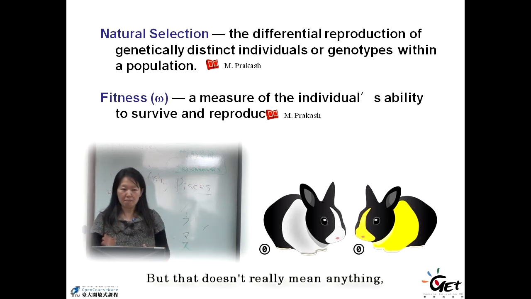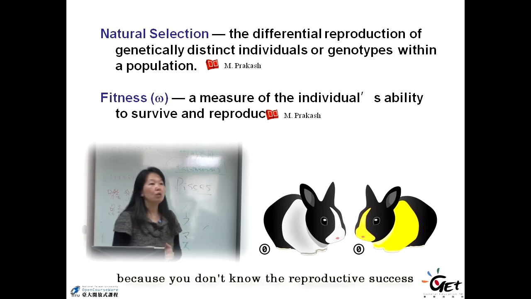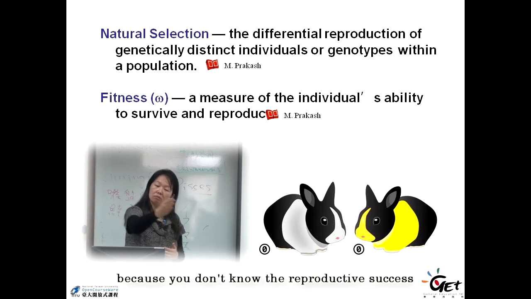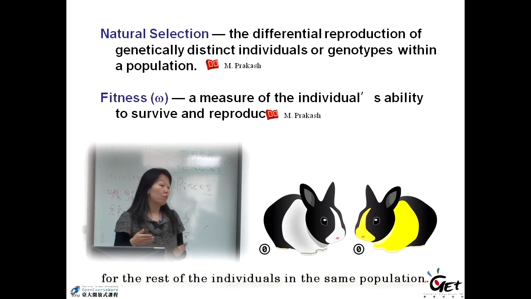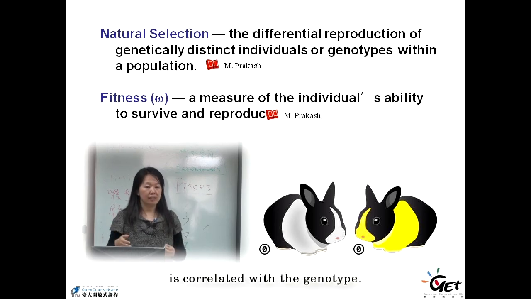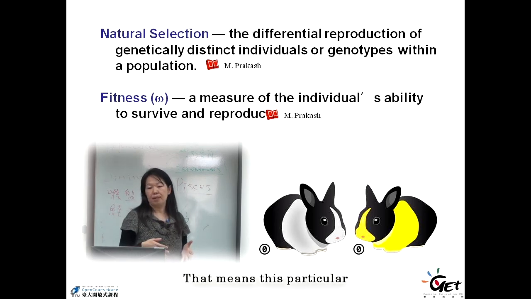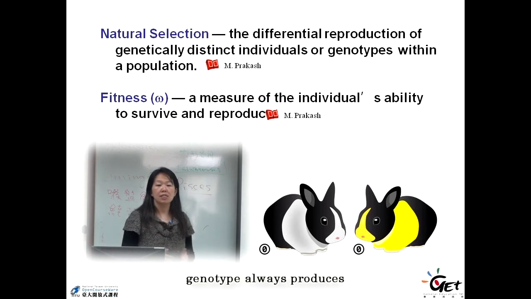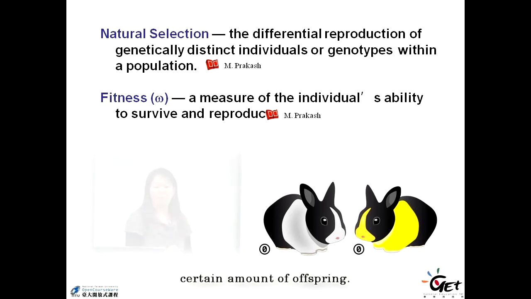But that doesn't really mean anything, because you don't know the reproductive success of the rest of the individuals in the same population. And also, you don't know whether this fitness is correlated with the genotype, meaning this particular genotype always produces a certain amount of offspring.